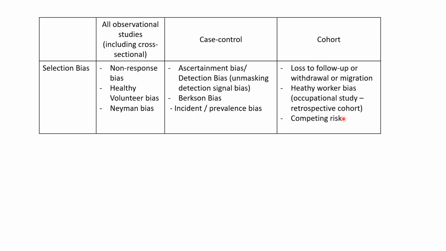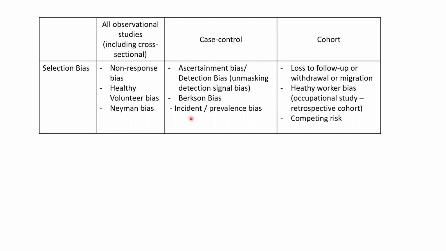We also have competing risk. When we talk about cohort, it's important to see what other exposures or variables could affect my outcome and compete with my main outcome. I'm going to give an example because this is very theoretical.